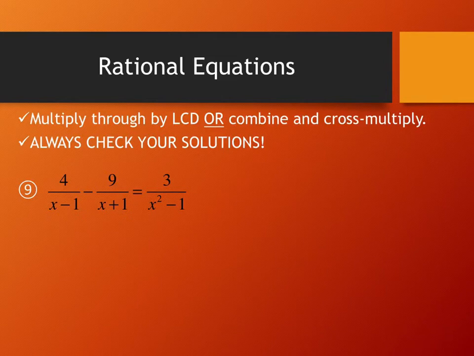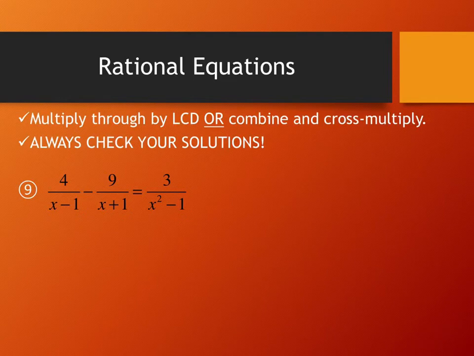So taking a look at this, we have 4 over x minus 1. Oh, and it says to always check your solutions. This is actually really important here. It is possible, kind of to answer Noah's question, but for this particular function, it is possible here to get values that absolutely just don't work and you did everything right. In particular, if that were to happen here, it would be denominator value issues, right? If I got x is equal to 1 as a solution, that's not okay.